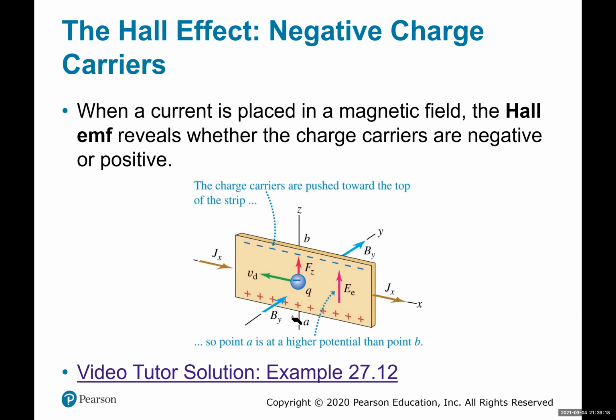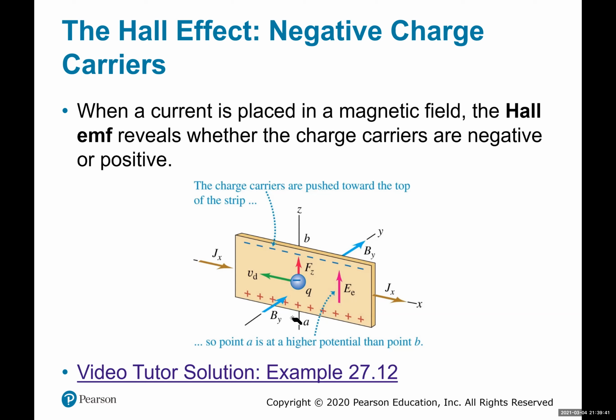The stationary atomic nuclei, which are positive, are not moving, so there's no magnetic force on them. Also, they're stuck in a lattice, so the electric force that is set up by the electrons that preferentially go to the top doesn't really affect them either.